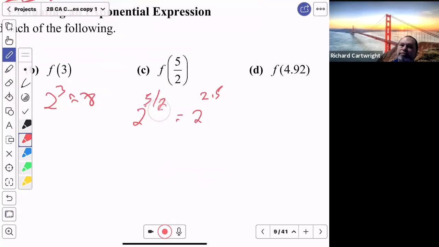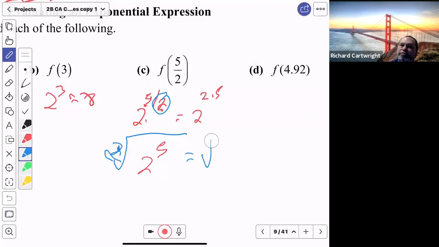When you have a rational exponent, the 2 still gets the exponent of 5, but the bottom tells you what kind of root you're going to have. Square root. We don't normally write the 2 there, but it is there.